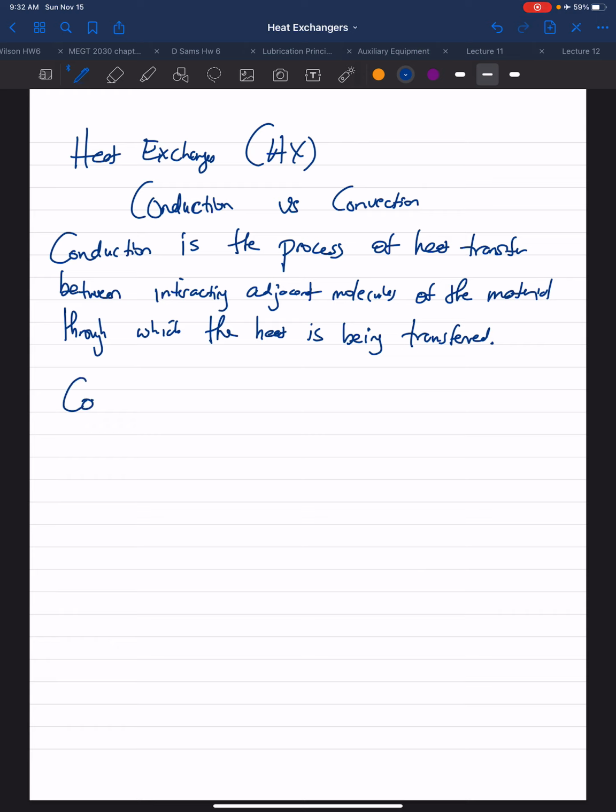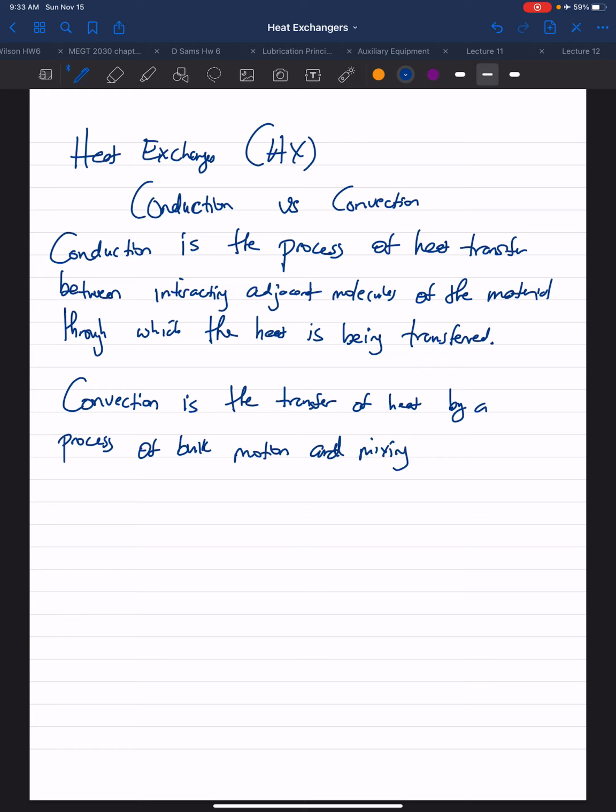Convection is the transfer of heat by a process of bulk motion and mixing of macroscopic portions of a fluid.